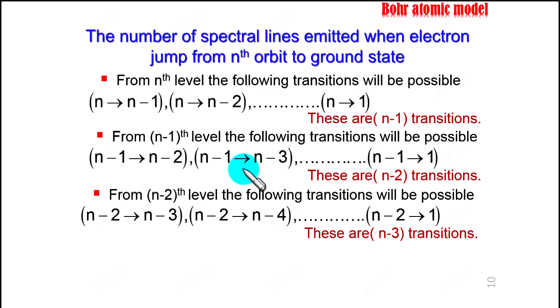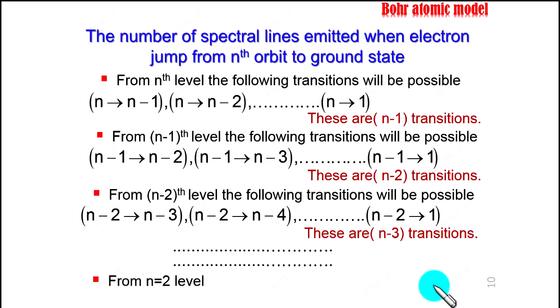And similarly, if we keep on doing like this, finally we will reach the n equal to 2 level. From n equal to 2 to n equal to 1, there is only one possibility. That means only one transition is possible.